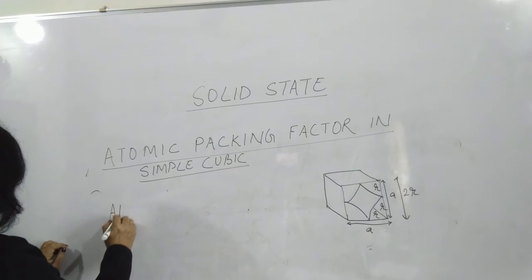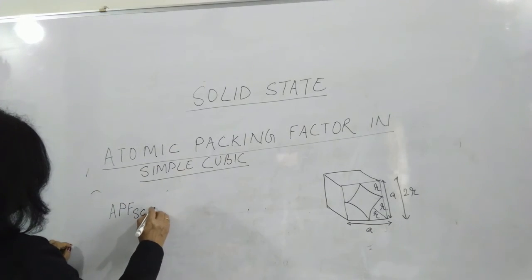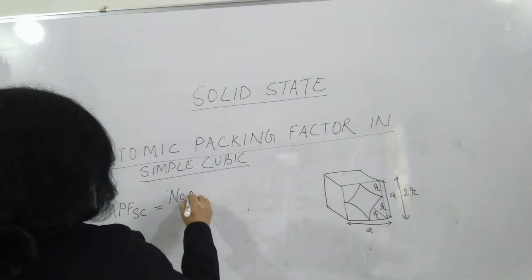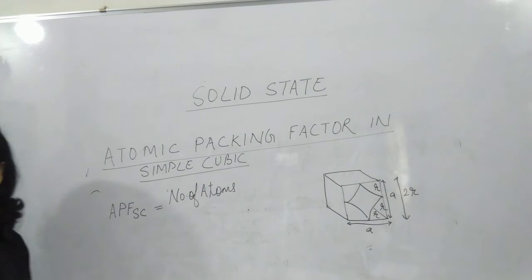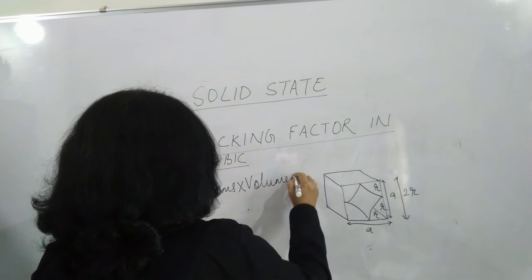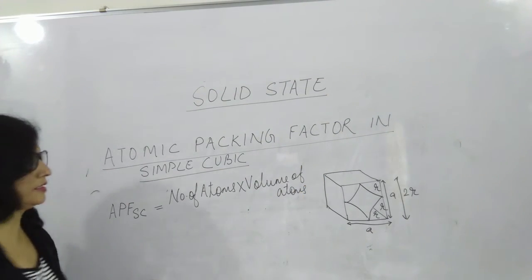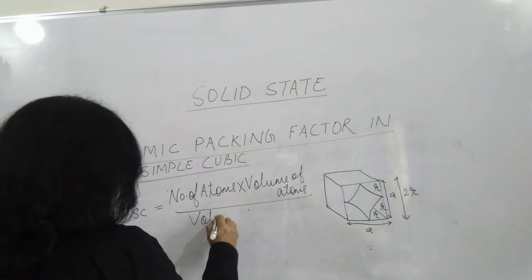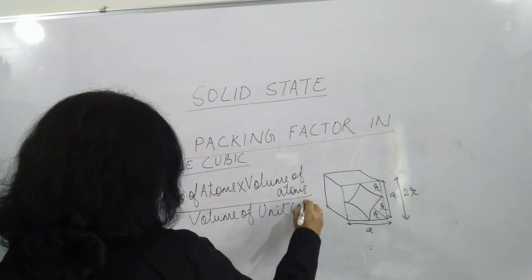We can see atomic packing factor for simple cubic is equal to number of atoms multiplied by volume of atoms divided by volume of unit cell.